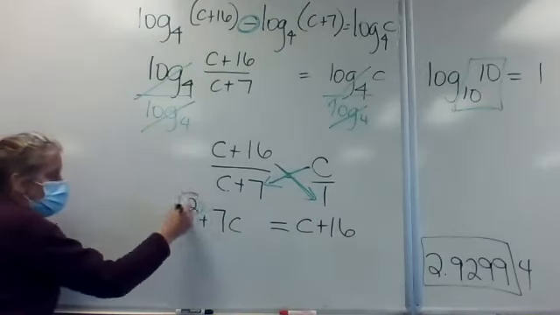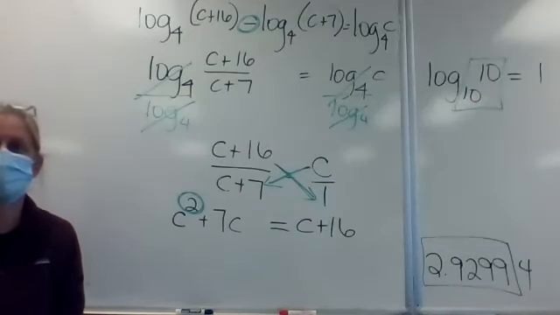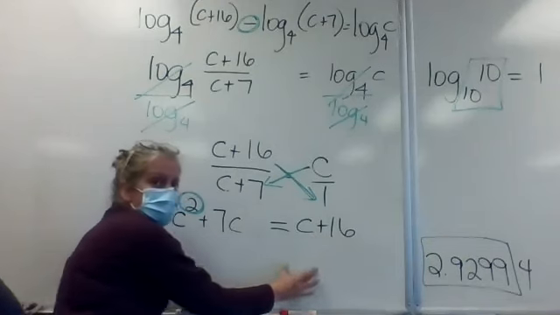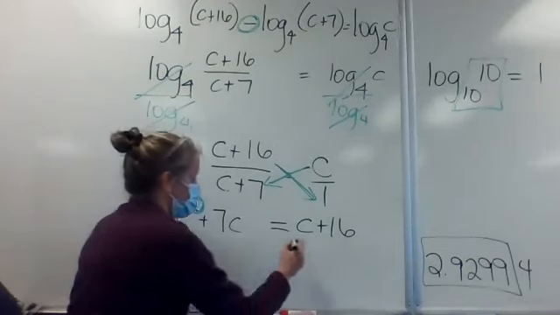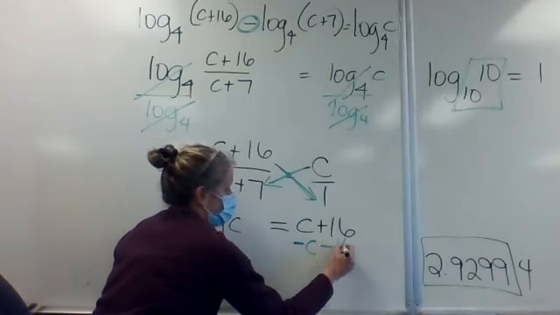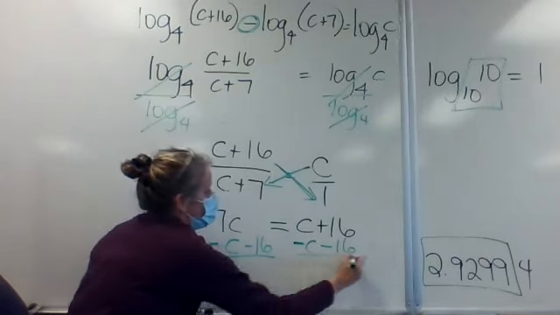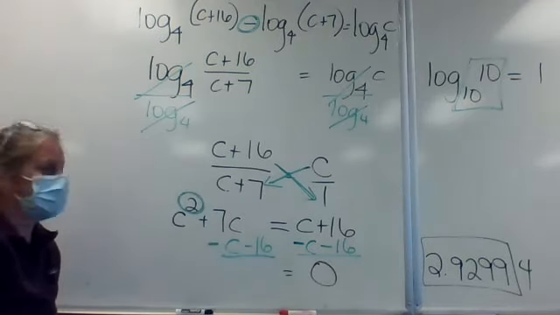So now where are we at? C squared. So where am I going to go? Quad. Right? So before I go to quad, what do I need to make sure? That all my terms are on the same side. So I'll subtract these off of this side and put them over here. So on the right, there's my 0.